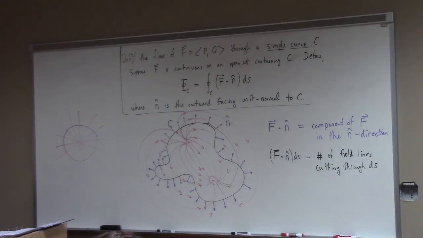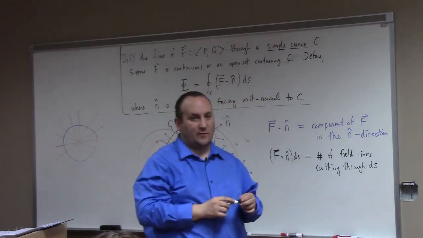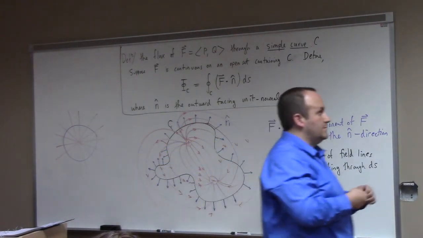So this vector right here would be what? It would be dx ds, dy ds, right? The tangent vector. How do I get the outward normal?